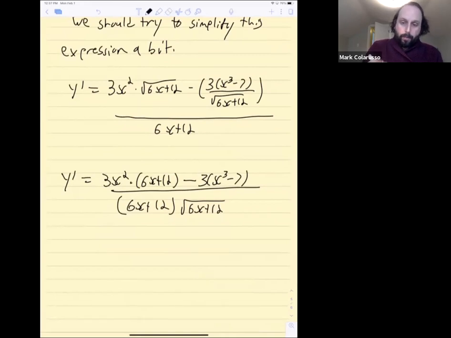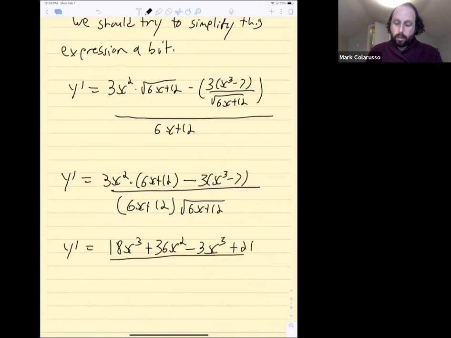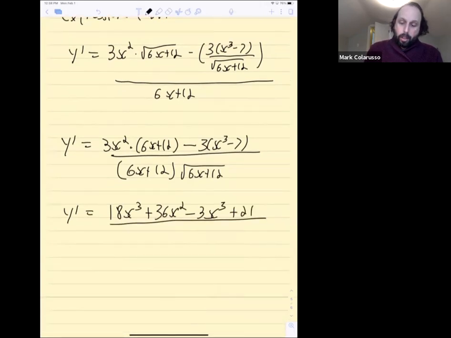So we get y prime: 3x squared times 6x is 18x cubed plus 36x squared minus 3x cubed plus 21, divided by 6x plus 12 times the root of 6x plus 12. 6x plus 12 is 6x plus 12 to the 1. The root of 6x plus 12 is 6x plus 12 to the 1/2 power. So laws of exponents gives you 6x plus 12 to the 3/2.